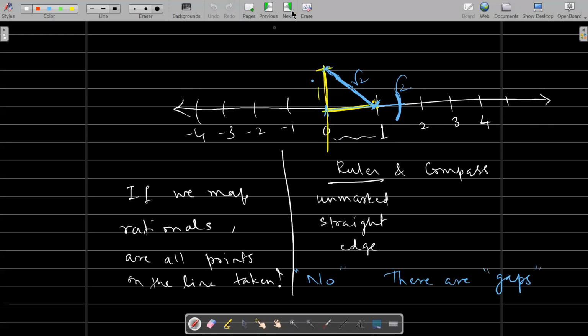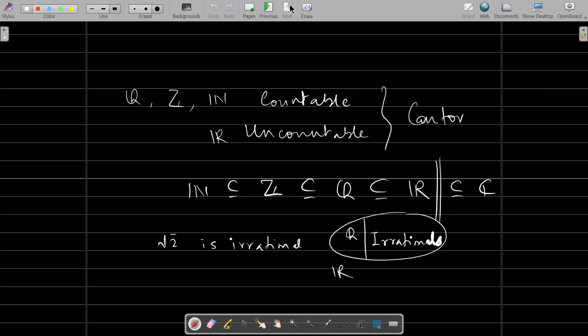And now we have a name for all these numbers. So root 2 is irrational, root 3 is irrational, root 5 is irrational, and so on. Two more standard examples of irrational numbers are pi and e. They are also not rationals.